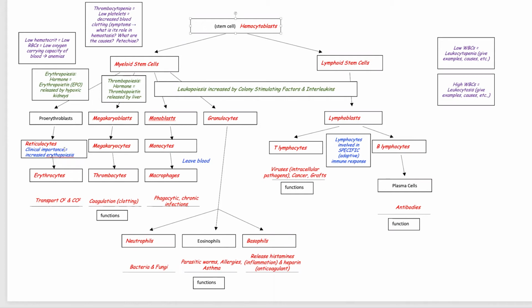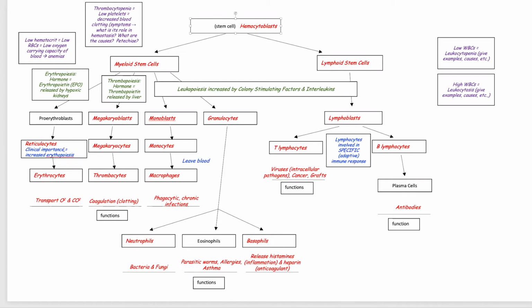So let's talk about the reticulocytes. The reticulocytes are cells that leave the red bone marrow and go into the blood. They are anucleated, which means they have already ejected their nucleus, but they are not quite mature into erythrocytes. They will be in the blood for 1 to 2 days before they actually become erythrocytes, and their numbers are typically very low in the blood.